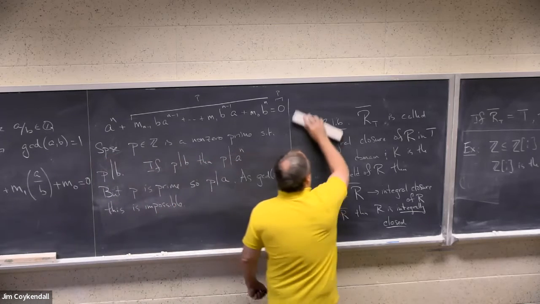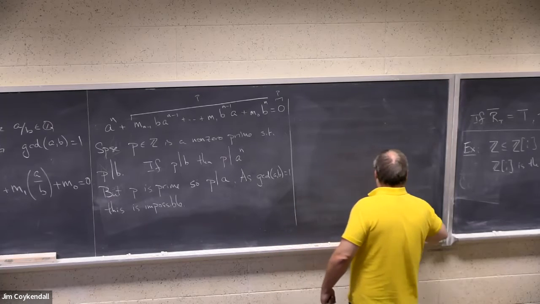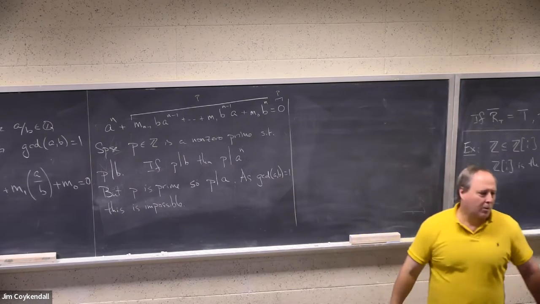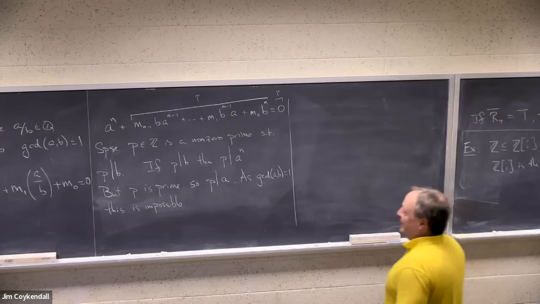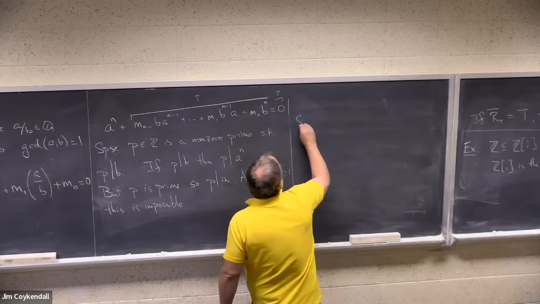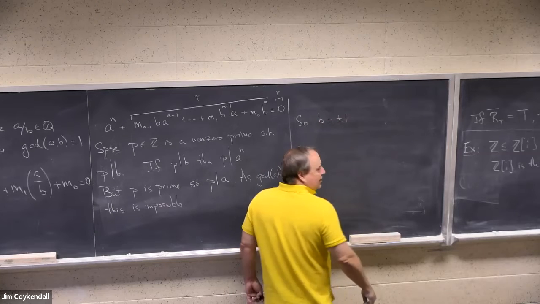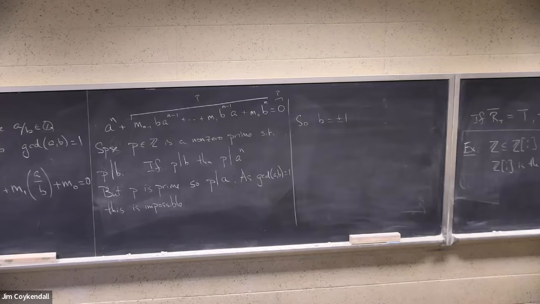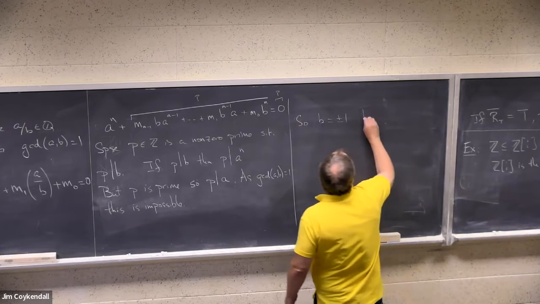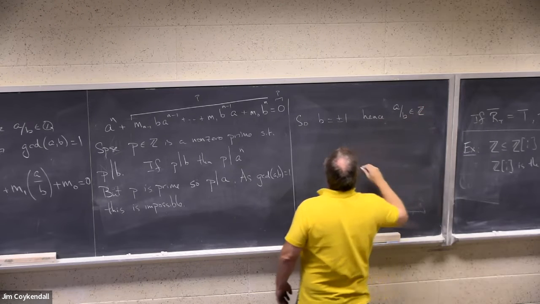So I have but one conclusion to come to, and that is, I know that every integer except for 0, plus and minus 1 is divisible by some prime. So b can't be anything except plus or minus 1, and it can't be 0 either. So b is plus or minus 1, because these are the only non-zero integers that are divisible by no prime whatsoever. Hence a/b is in Z, and Z is integrally closed.